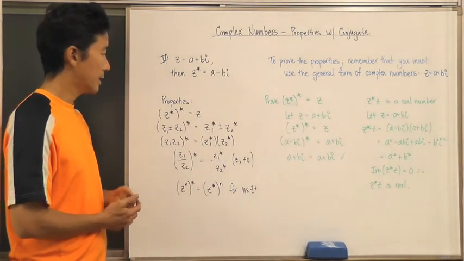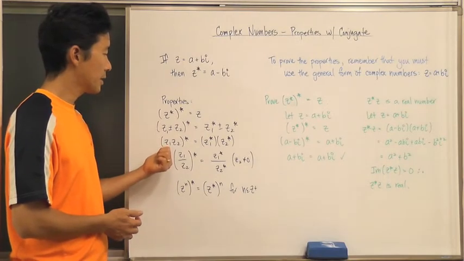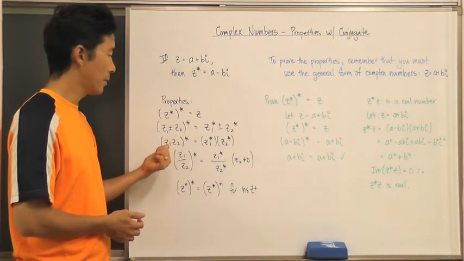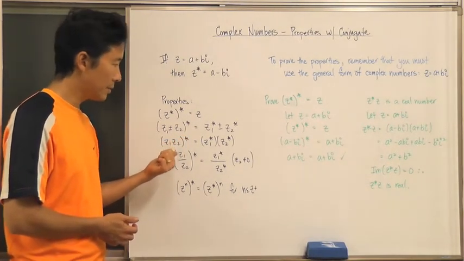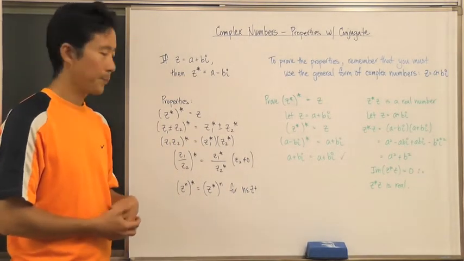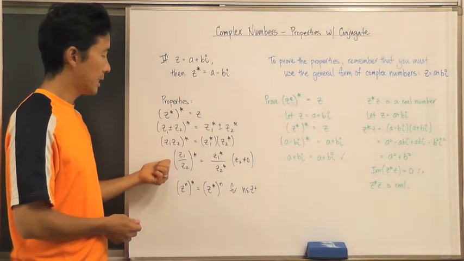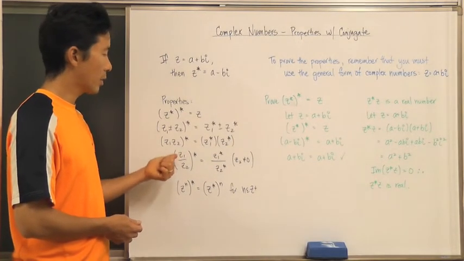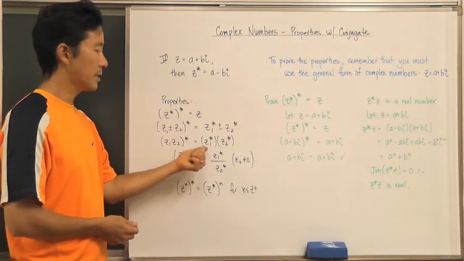The third one says that the conjugate of the product of z sub 1 and z sub 2 is exactly the same thing as the product of the conjugates.